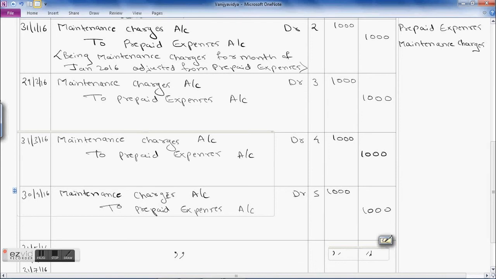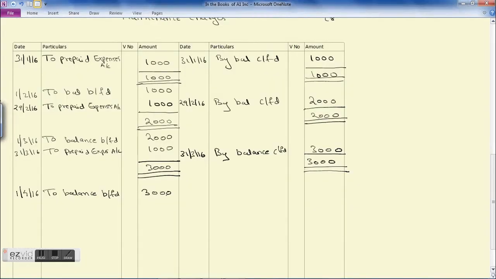Okay, the next entry is on what? 30th April 2016, and how much is the amount? 1,000. So maintenance charges account debit to prepaid expenses account 1,000.